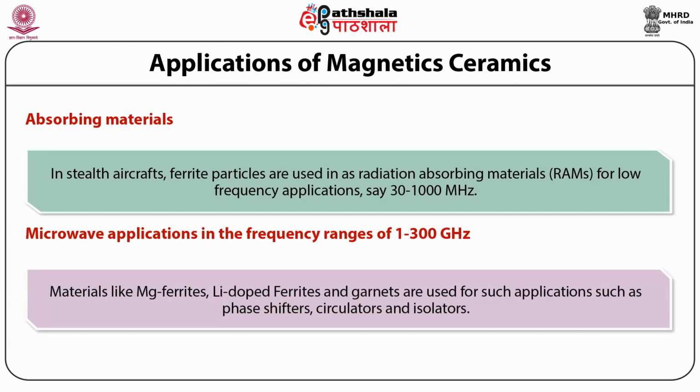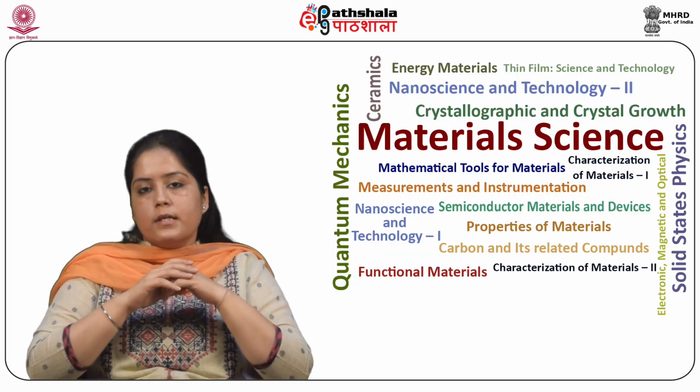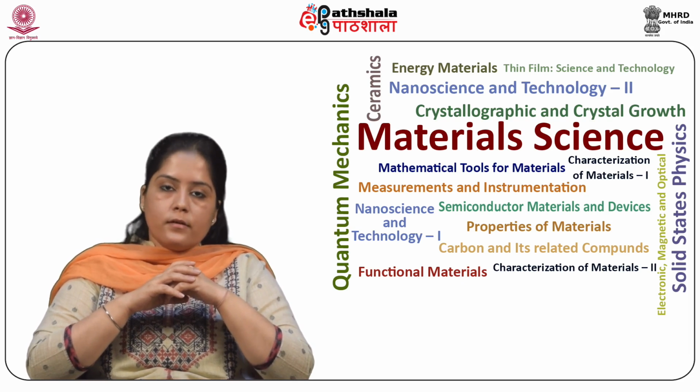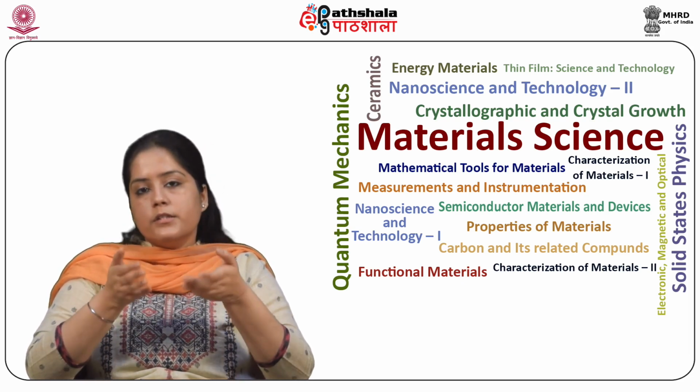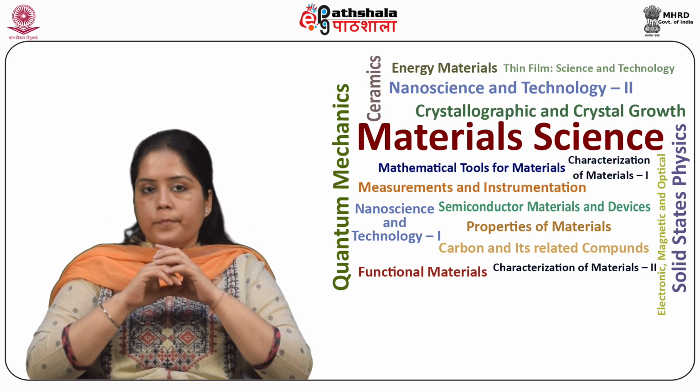Materials like magnesium ferrites, lithium doped ferrites, and garnets are used for such applications as phase shifters, circulators, and isolators. So students, let us summarize what we have learned in this module.